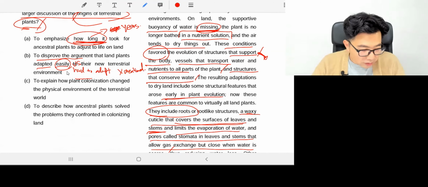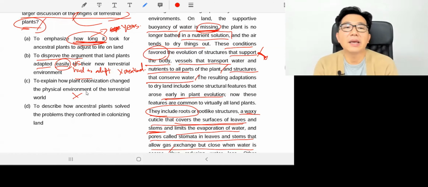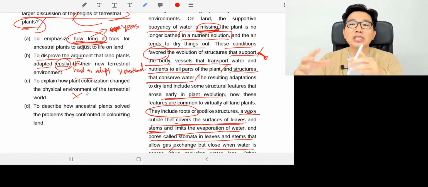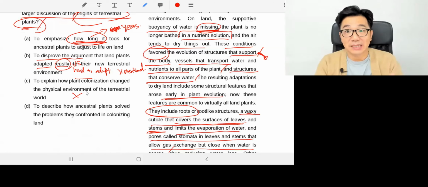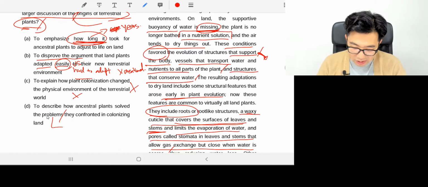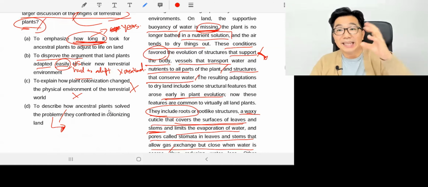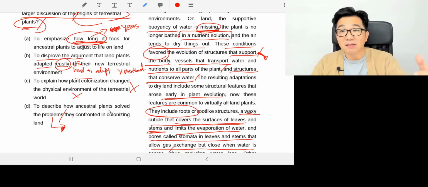C, to explain how plant colonization changed the physical environment of land. Well, definitely not. If you chose C, you meant how plants evolved and adapted and how that changed the land condition. D, better be right: to describe how ancestral plants solved the problems.